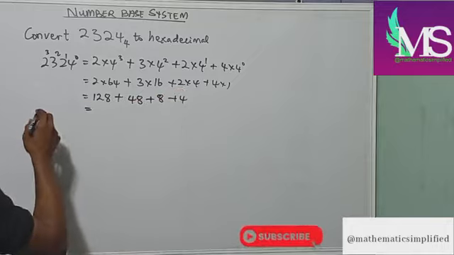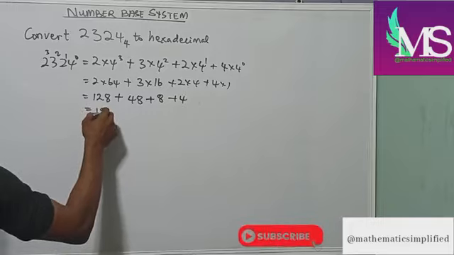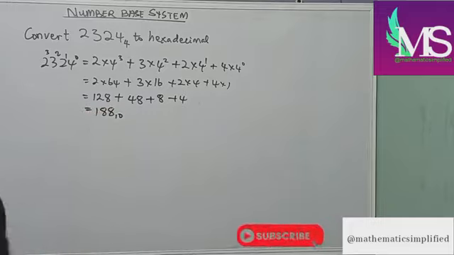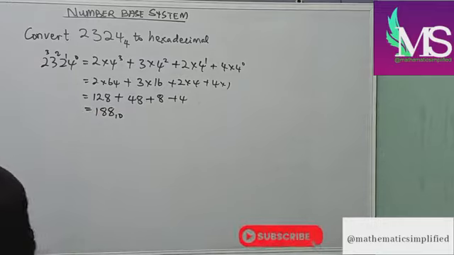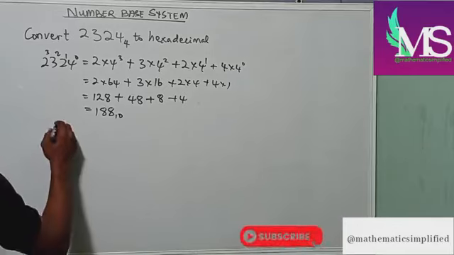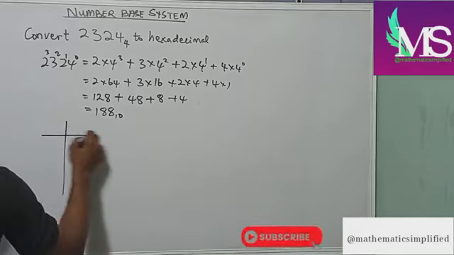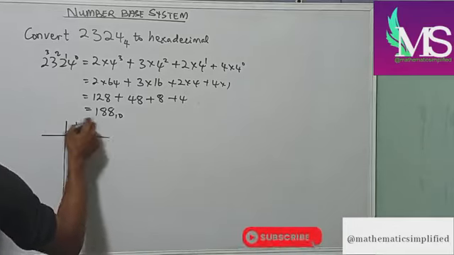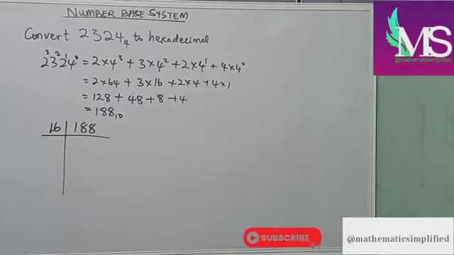So this gives us 188 base 10. Now, converting to base 16, we divide 188 by 16.